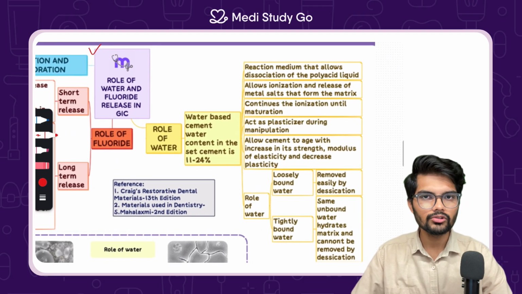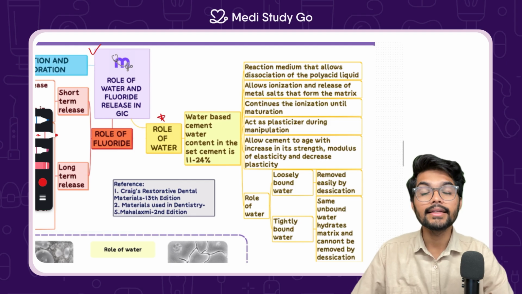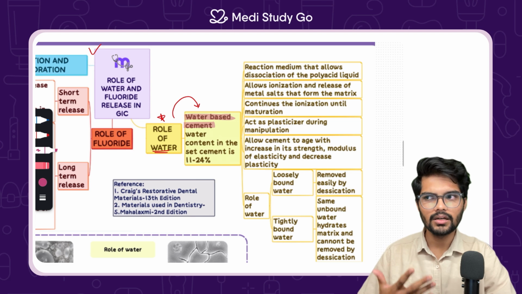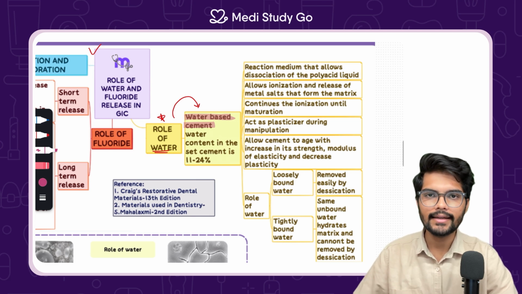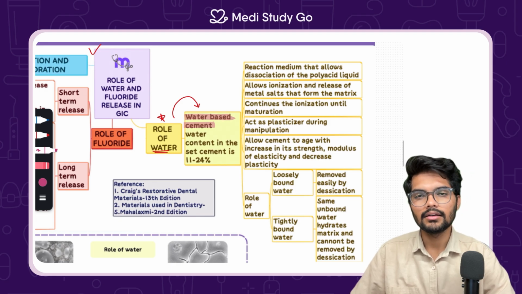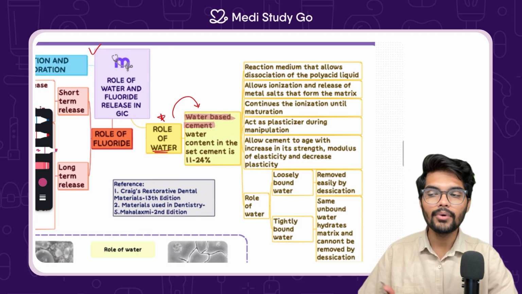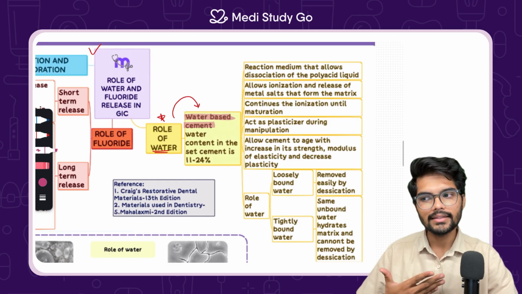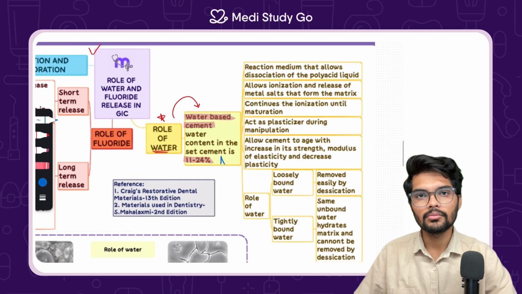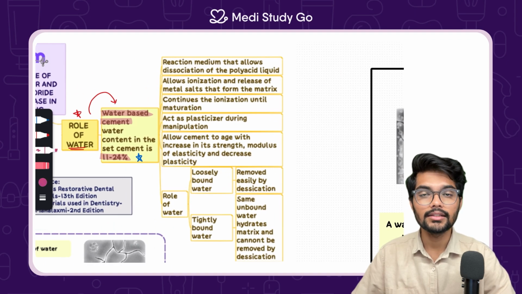So first we are going to focus on the role of water, and it is basically a water based cement. Like we studied, one of the major components in polyacrylic acid or the liquid of GIC is water, and it comprises about 11 to 24%. So this forms the reaction medium that allows dissociation of the polyacid liquid.